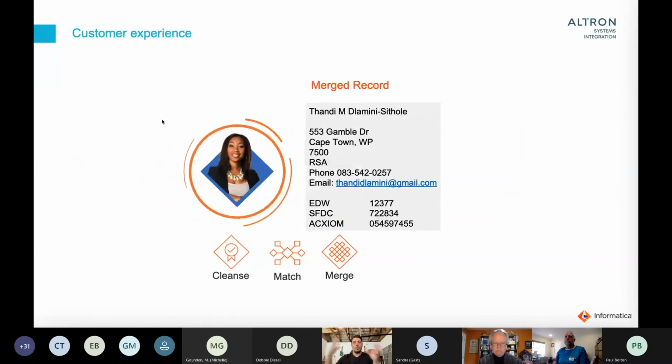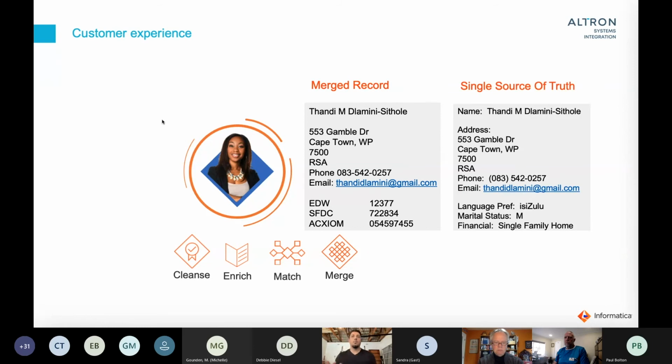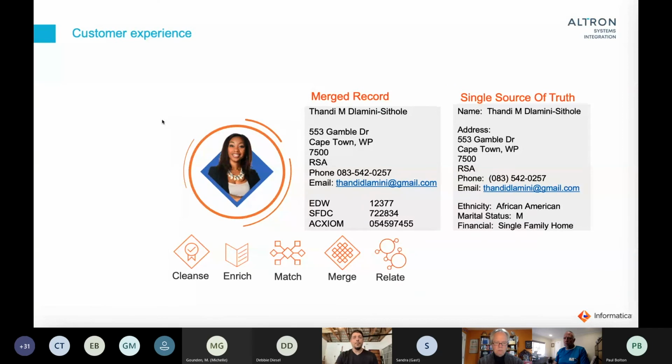When you merge a record, you pull the best information together from different places, and you then have a merged record. When you have the merged record, you can go into an enrichment stage where you can link it to other systems in your ecosystem, other data sets or data sources, and you can get a single source of truth.